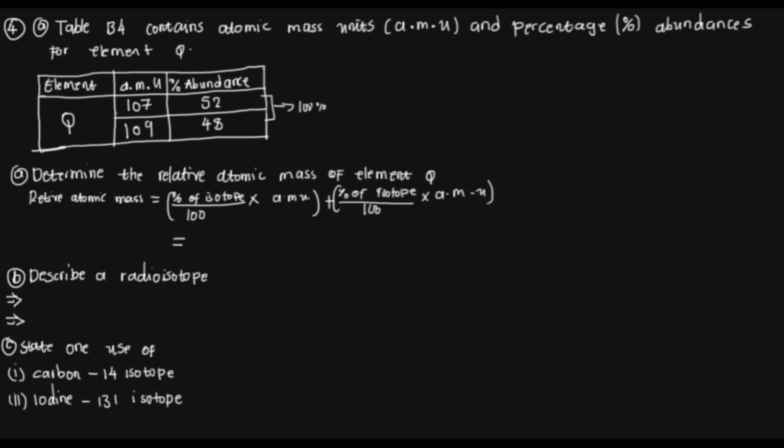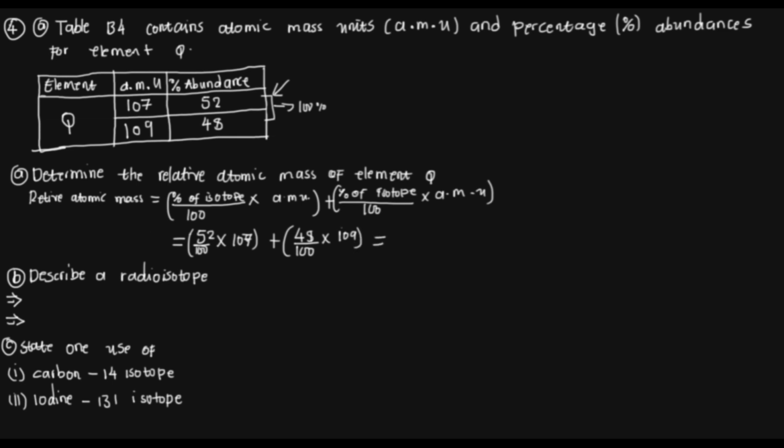The first one, we'll look at the one with 107. The percentage here is 52 divided by 100 times the AMU, 107, plus the one with 109, percentage is 48 over 100 times its AMU, 109.